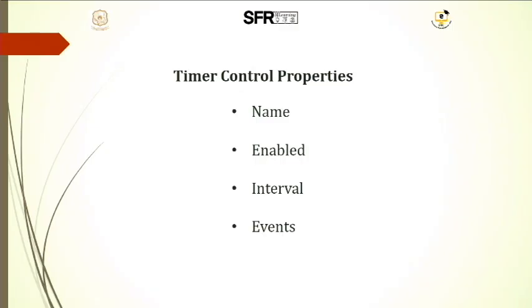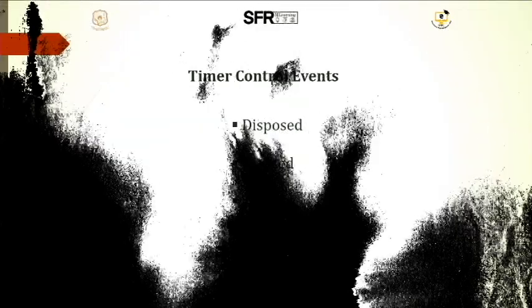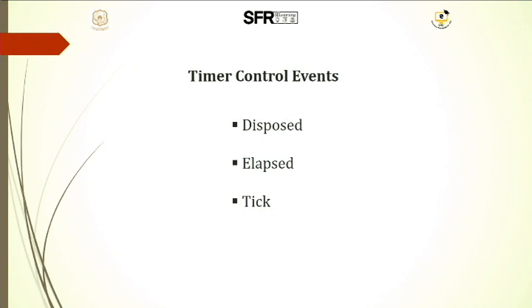The Interval property is used to set or obtain the iteration interval in milliseconds to raise the timer control's Elapsed event. The interval is how often a timer repeats the task. Fourth one is Events. The Events property is used to get the list of event handlers that are associated with the component.